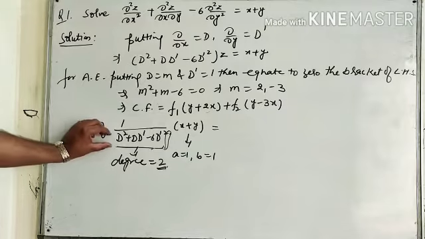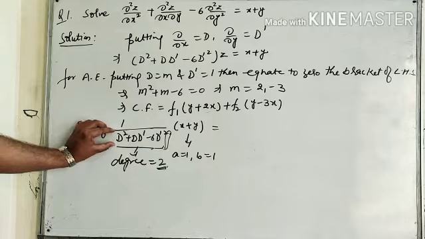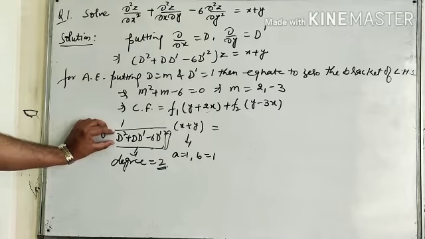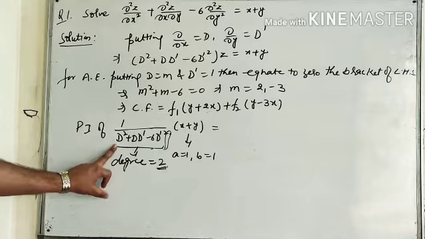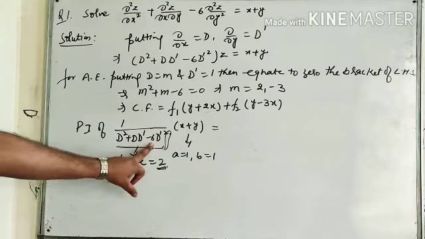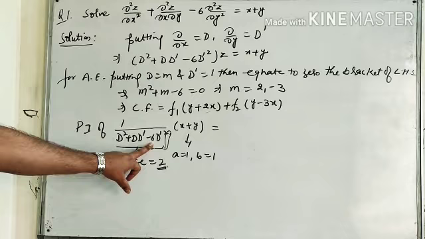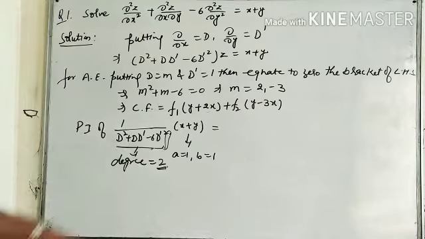First we put a equals 1 and b equals 1 to identify whether it is 0 or non-zero. When we put a, b equal to 1, 1, we get 1 plus 1 minus 6, which is minus 4. So it is a non-zero quantity, and we can proceed further.